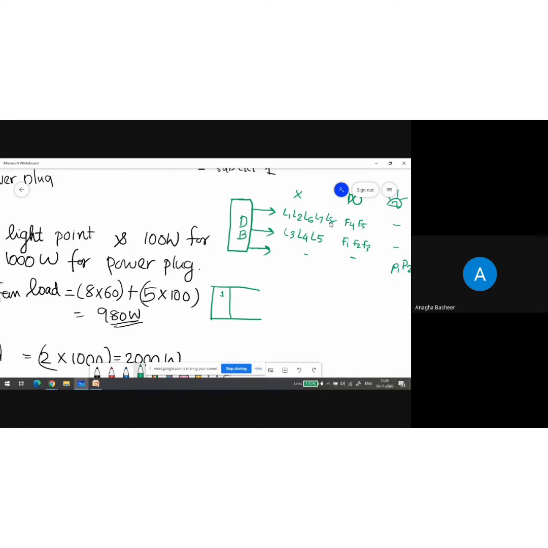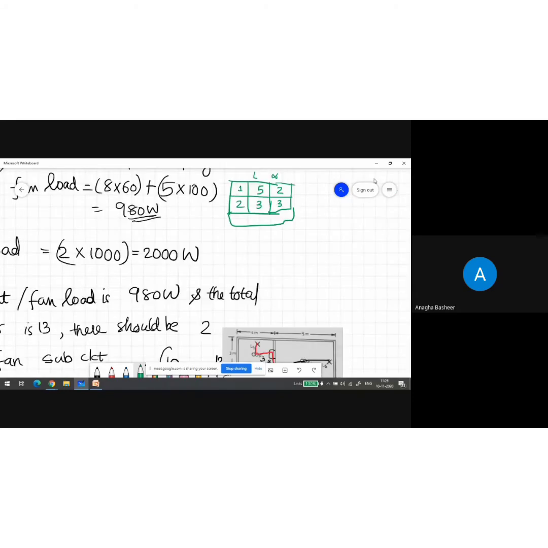Subcircuit 1, number of lights, number of fans. How many lights? 5 here, 3, 2, 3. So these things we have to take for calculation.